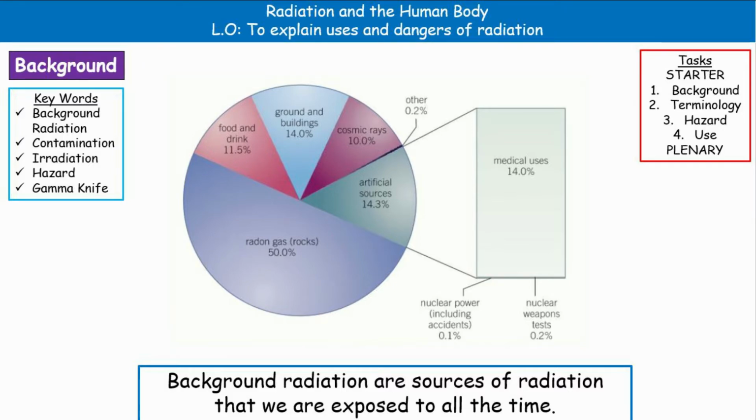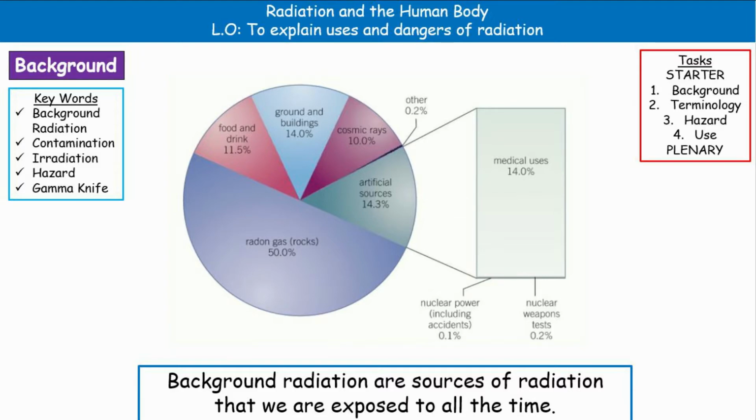Then if we have a look at the next most common one, then we can see that we're actually coming into the artificial sources. But if we break that down into what those artificial sources are, then we can see medical uses is 14%. Now, so that would be all of your x-rays and so forth. But also at 14%, we can see ground and buildings is that same percentage there.